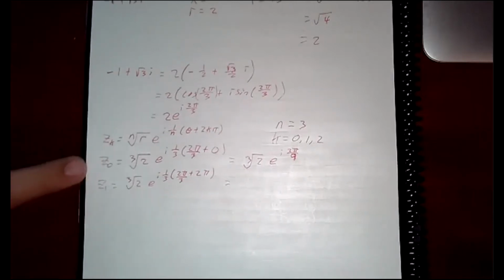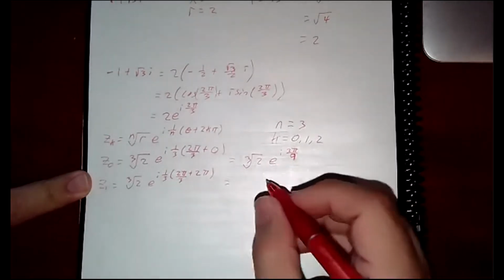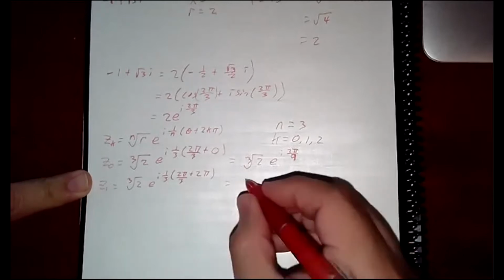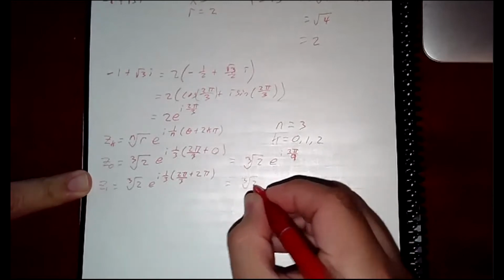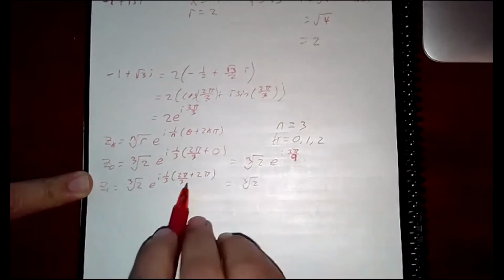So there's 0, then 1. For 1, add these fractions, right?